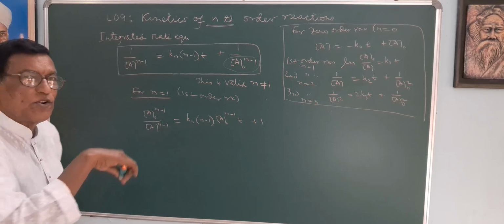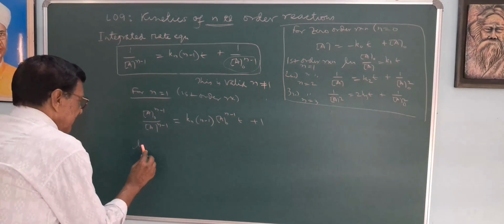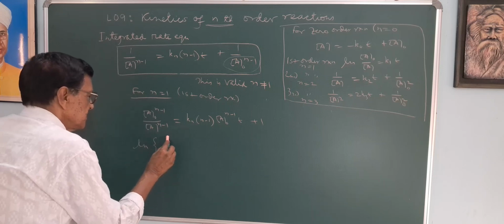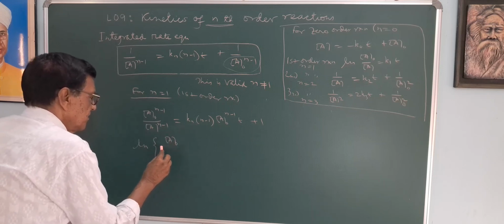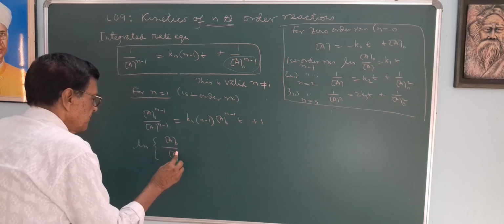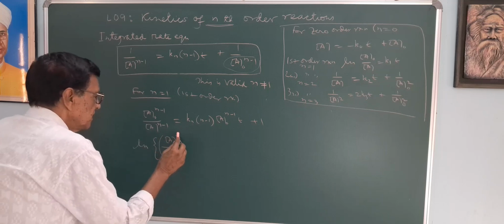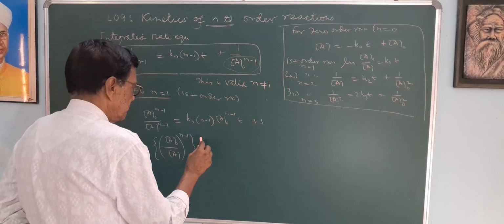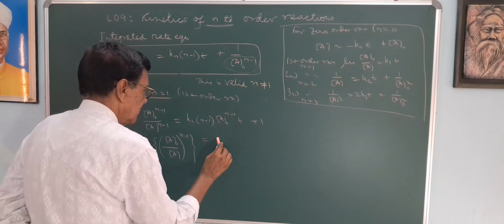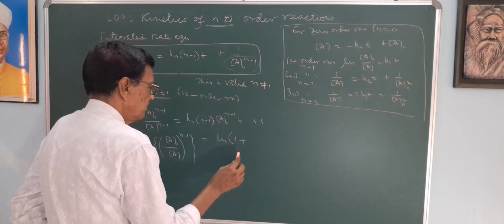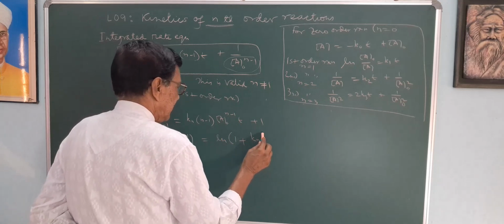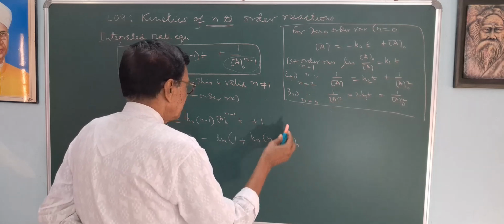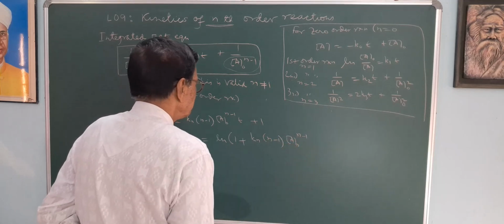Now if you take the log, then ln of concentration of A0 by concentration of A to the power n minus 1 equals ln of 1 plus Kn times n minus 1 times concentration of A0 to the power n minus 1 into T.